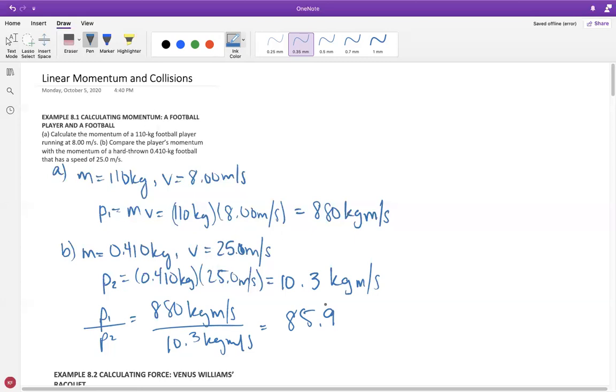So this means that the momentum of the football player is about 85 to 86 times greater than the momentum of the football itself. Okay?